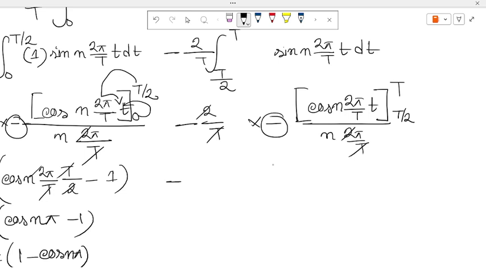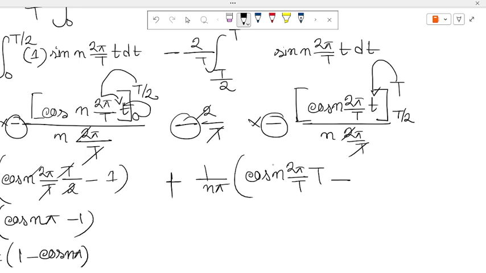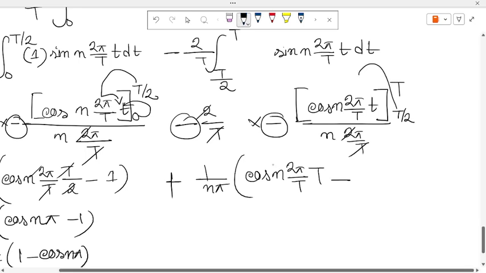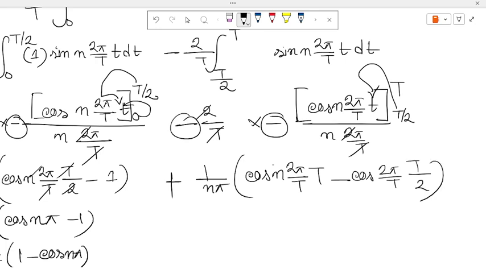Minus and minus becomes plus, so 1 by n pi, then cos n 2 pi by T, put this T here, then again put this T by 2 here, so cos 2 pi by T into T by 2.